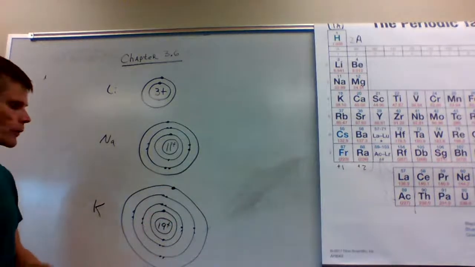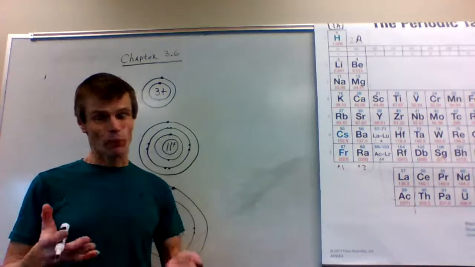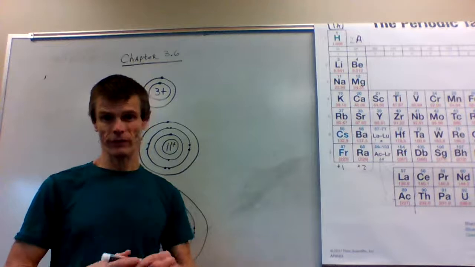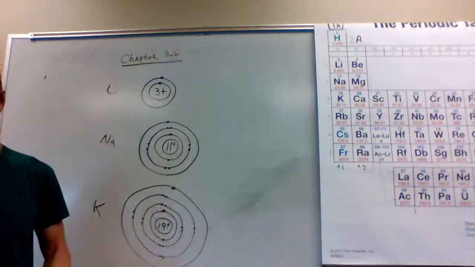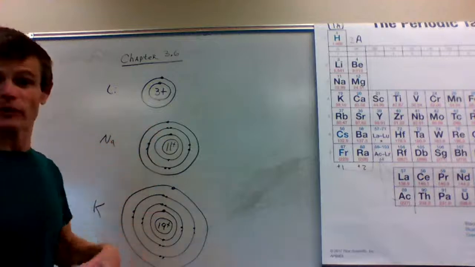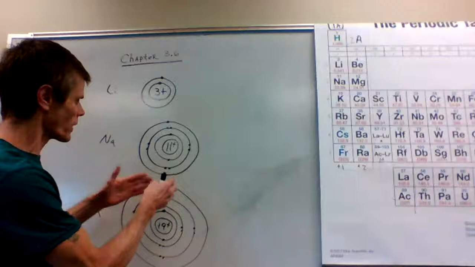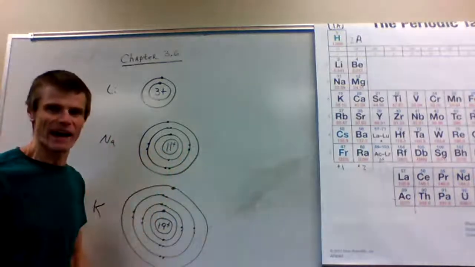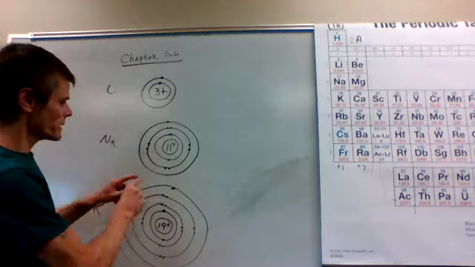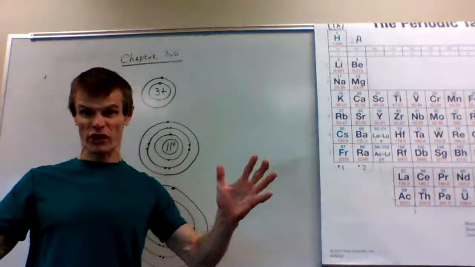Notice we're increasing the number of protons, so we're getting a lot more positive charge associated with these increasing number of protons. What's happening, though, is we're adding electrons to a core level that's sort of spread out. What we get experimentally is this spreading of our core electrons in bigger shells.